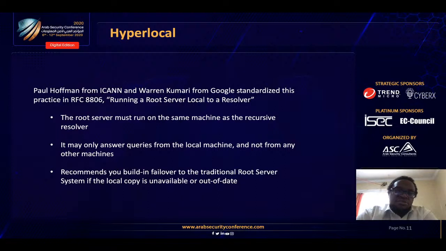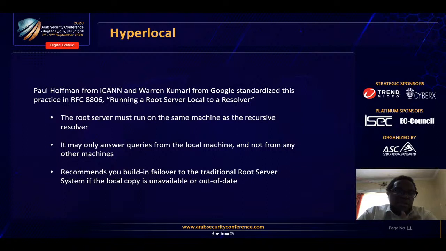And it also recommends a failover solution. A failover is, for example, when your machine is offline, so your resolver on your premises goes offline. What does it do? The specification states that your resolver should then contact the nearest root server system, if it's available within the region.